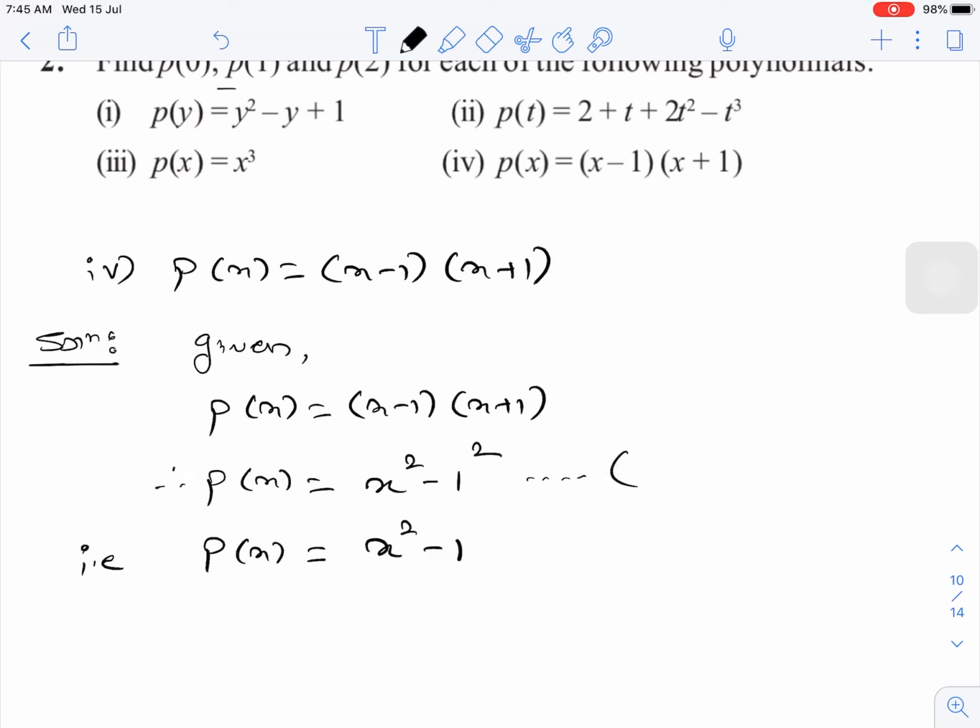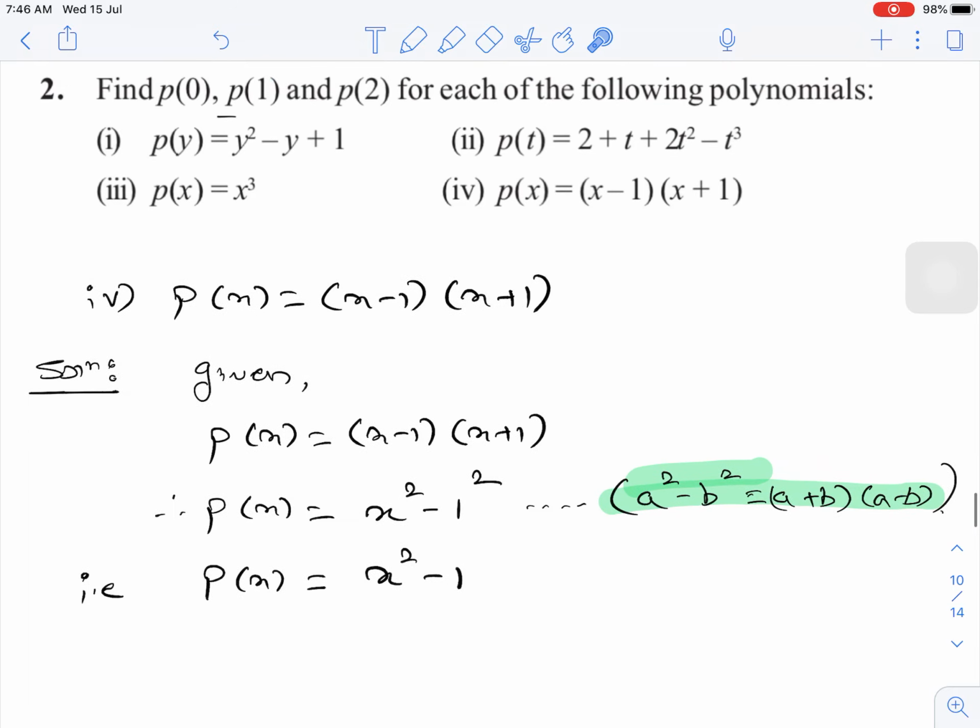What rule have we used? The rule a square minus b square equals (a plus b)(a minus b). I'm just highlighting it so that you can understand it afterwards. Now we have the polynomial p of x equals x square minus 1. We have to find p0, p1 and p2.